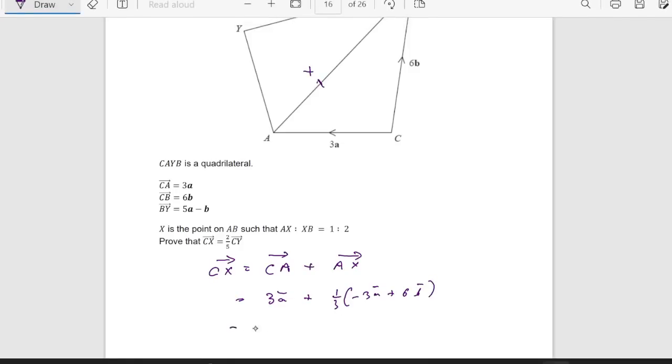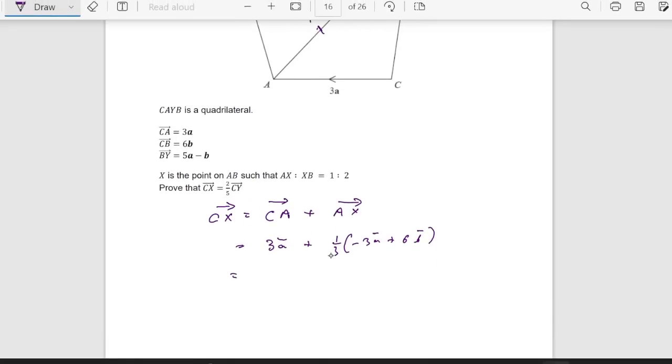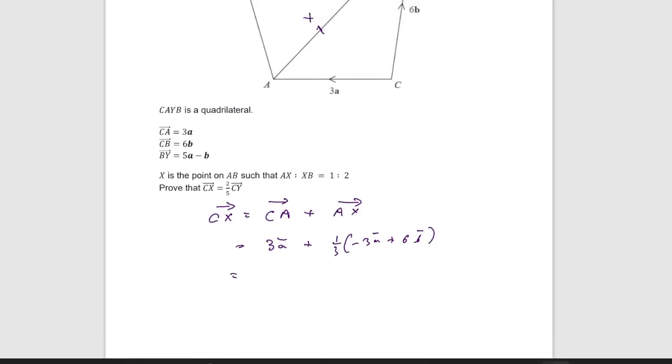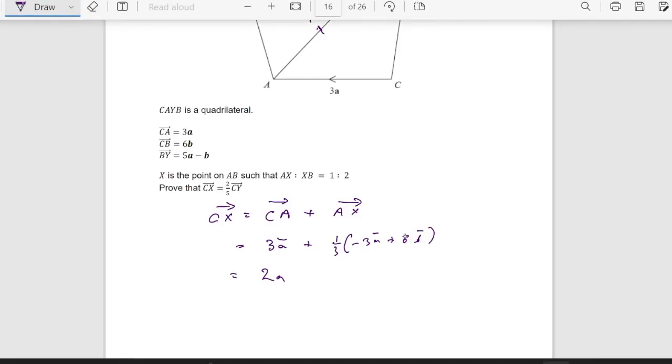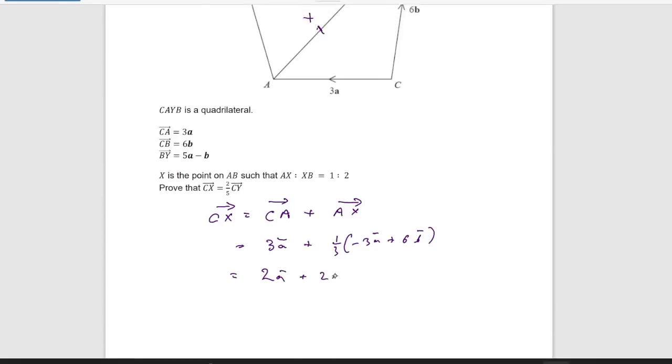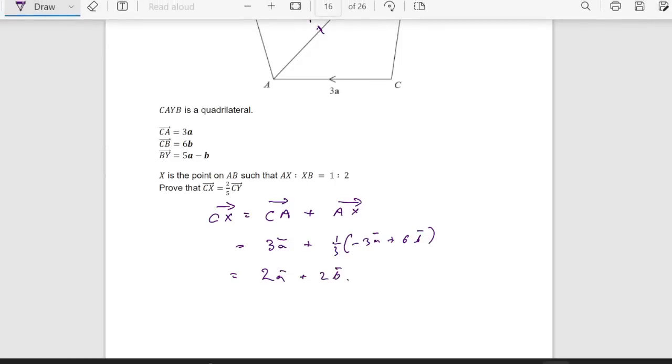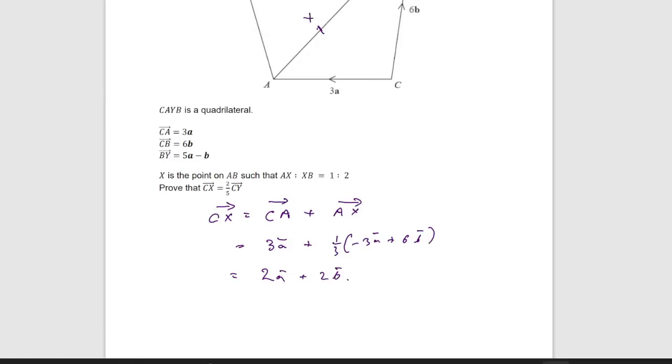So let's tidy this up a little bit. So 1/3 of minus 3 is going to be minus 1, so that's going to be 2A, and then 1/3 of 6B is going to be 2B. And I'm going to stop there for now, I think.